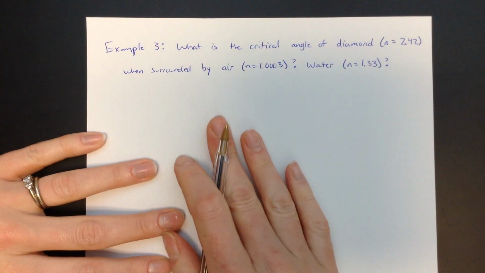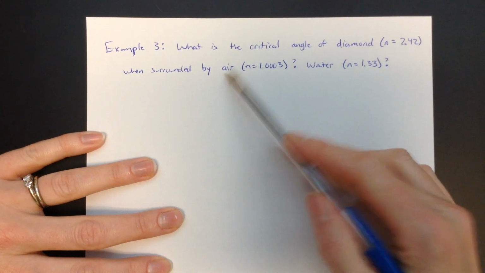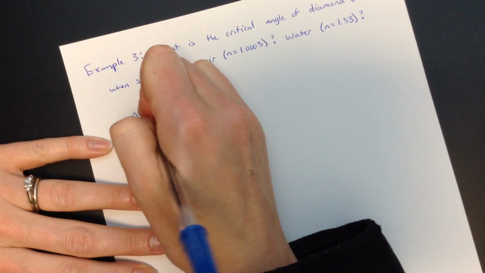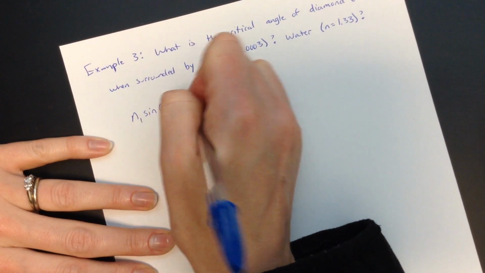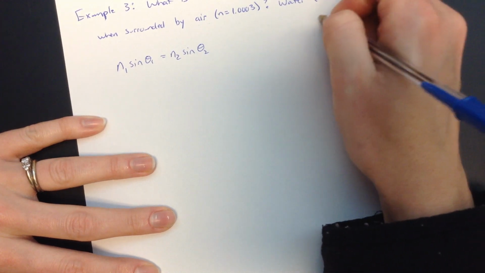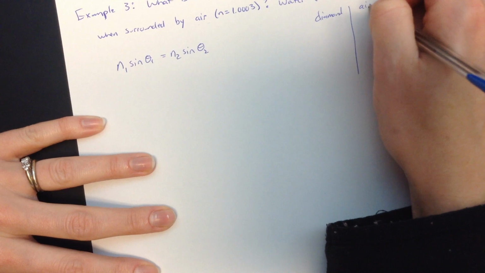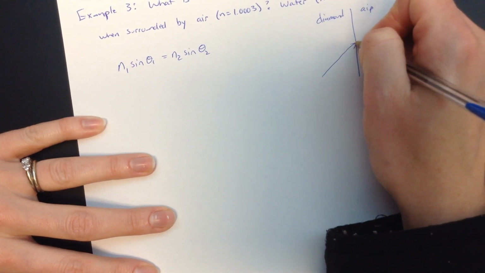Okay, so this question says, what is the critical angle of diamond when it's surrounded by air, and then water? So what we're looking for... So we've got our material here, our diamond, and it's going into air, but we want all the light to come back in.